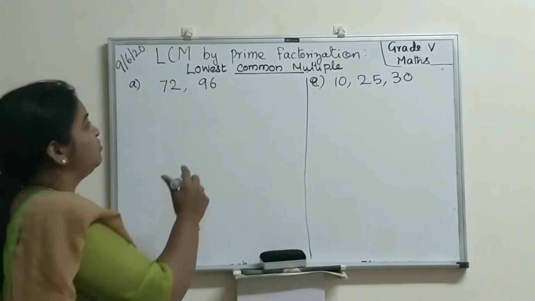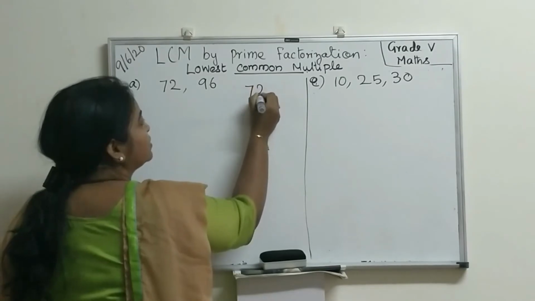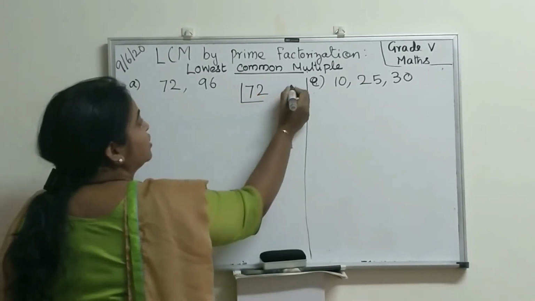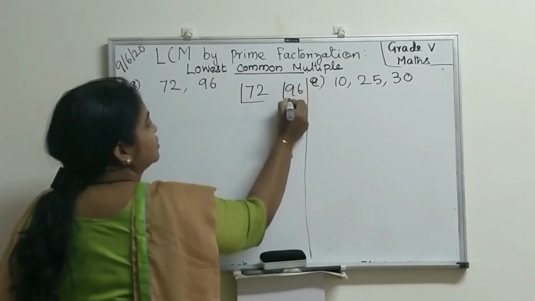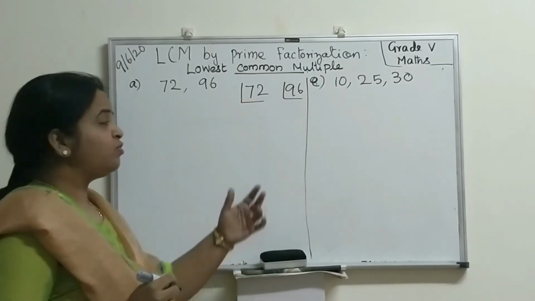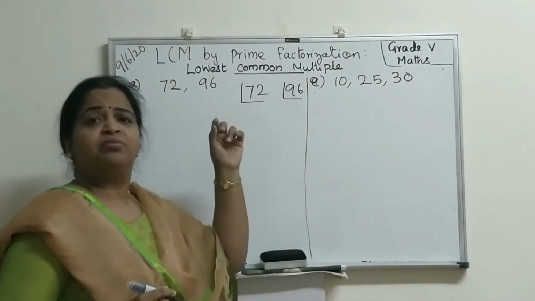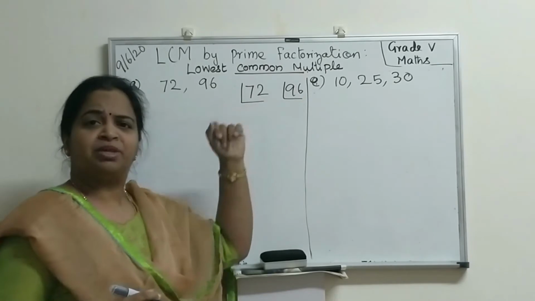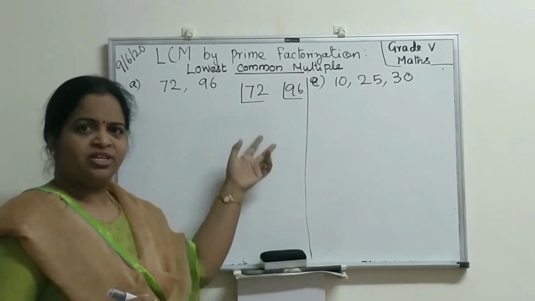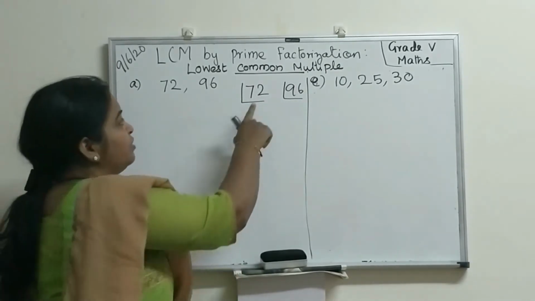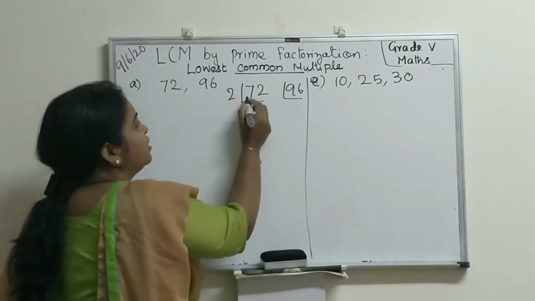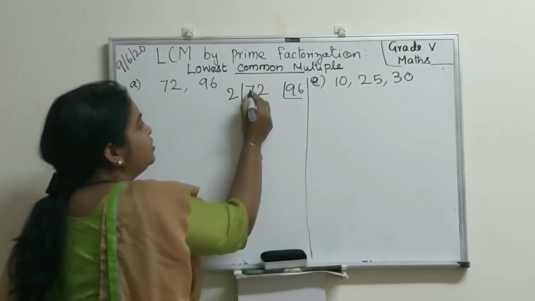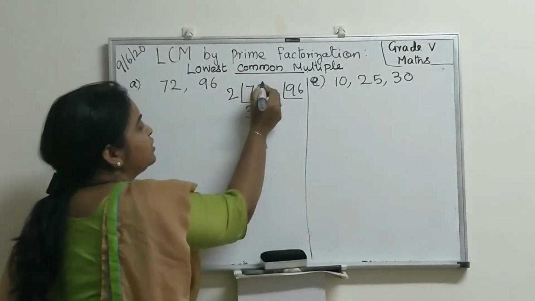Okay. First we will find the factors of 72. So 72 we are going to do with the prime factorization method. Okay, we know that, right? How to do 72 divided by 2. How will you do? 3 2s are 6, 1 is remaining.